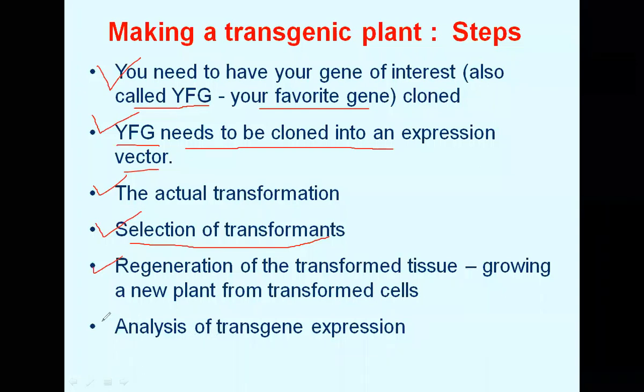And then finally, once you have a plant, the last thing is you really need to check for the transgene expression. There are different methods by which you ensure that the gene has actually gone into the plant cell and is getting properly expressed as well. Right? So these are the major steps in plant transformation.